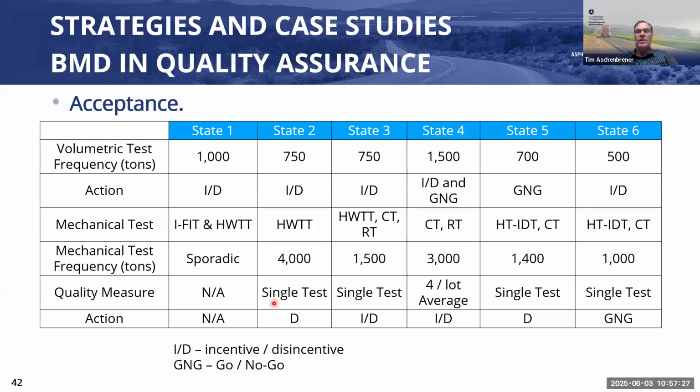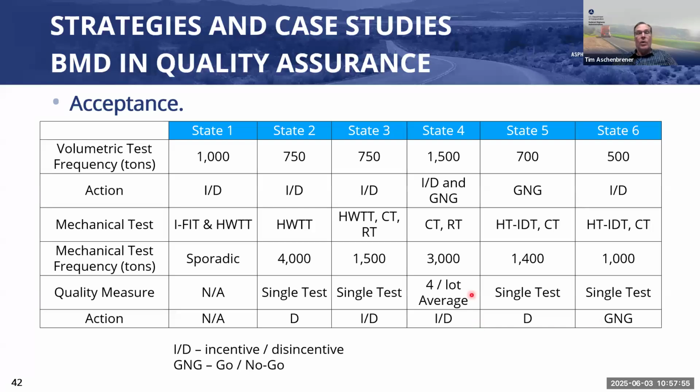And so what we're commonly seeing, the ideal RT may have 3 replicates, the ideal CT may have 5 replicates, but that single test has multiple replicates. But nevertheless, it's still a single test. And then the action on states that use it as a single test, we're seeing 2 do disincentives only, 1 does incentive, disincentive, and 1 does a go, no go.